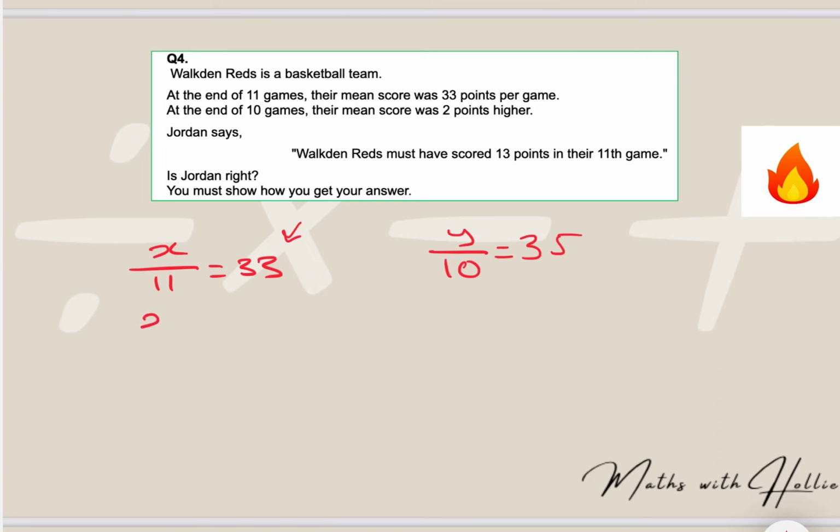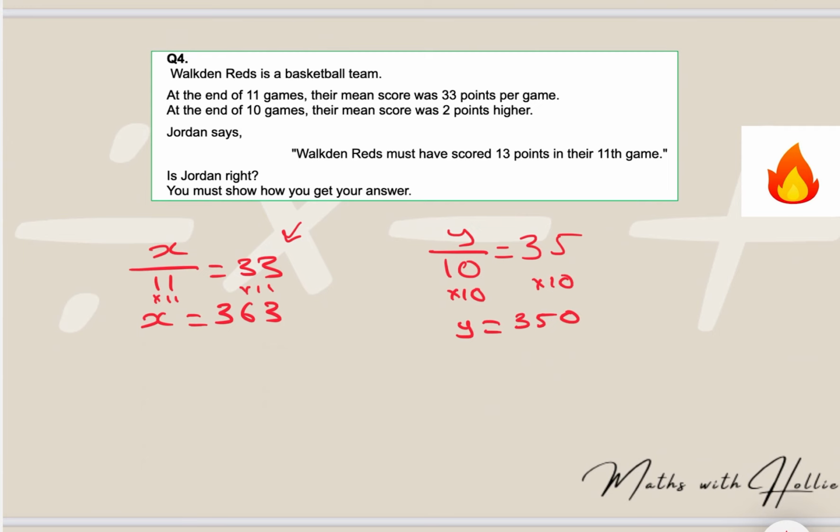So that means the first 11 games, when they added them together, equals 363. And for the second one, sorry, I should put times by 11 there. The second one, if we times by 10, the total of the first 10 games adds up to 350.